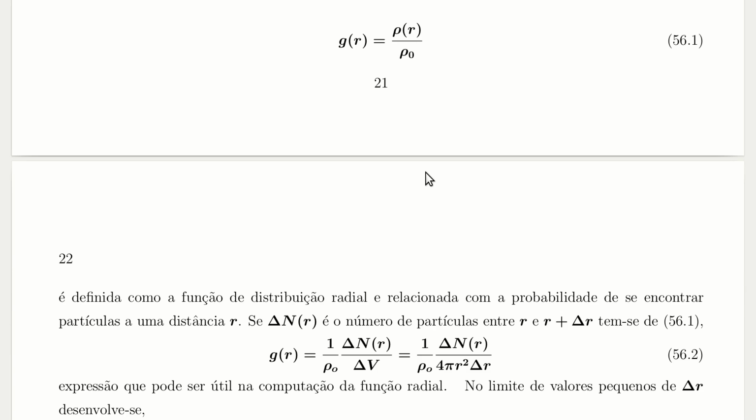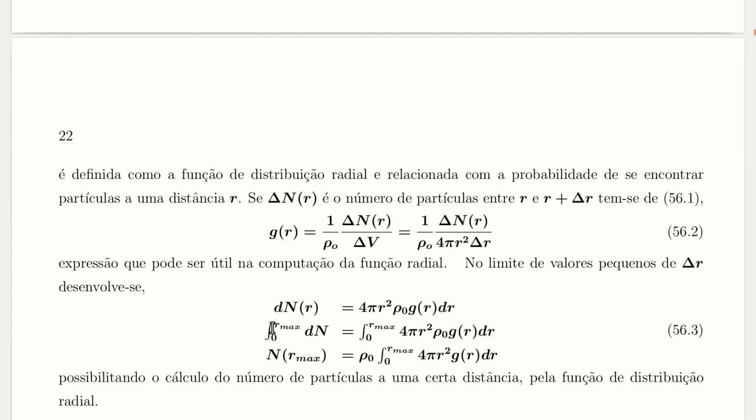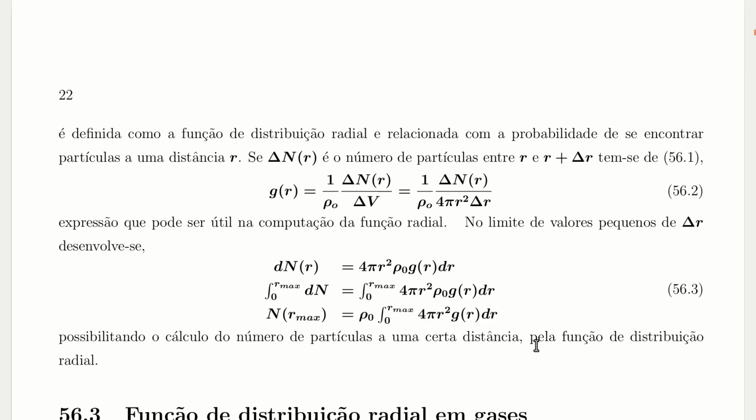I can rearrange this equation to that, where the spherical symmetry is implicit in this expression. Rearrange again, and I will arrive that the number of particles at a certain point equals this integral. So you can already see how important is the radial distribution function, since it can give me the number of particles in each shell.